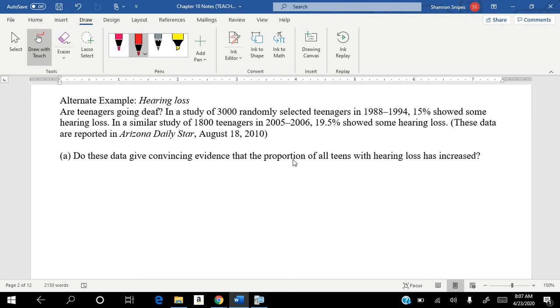So it appears, based on this data, that hearing loss has increased in teenagers more recently than back in my day, 1988 to 1994. I was in high school right in the middle of that time. So, is this statistically significant? Do these data give convincing evidence that the proportion of all teens with hearing loss has increased?